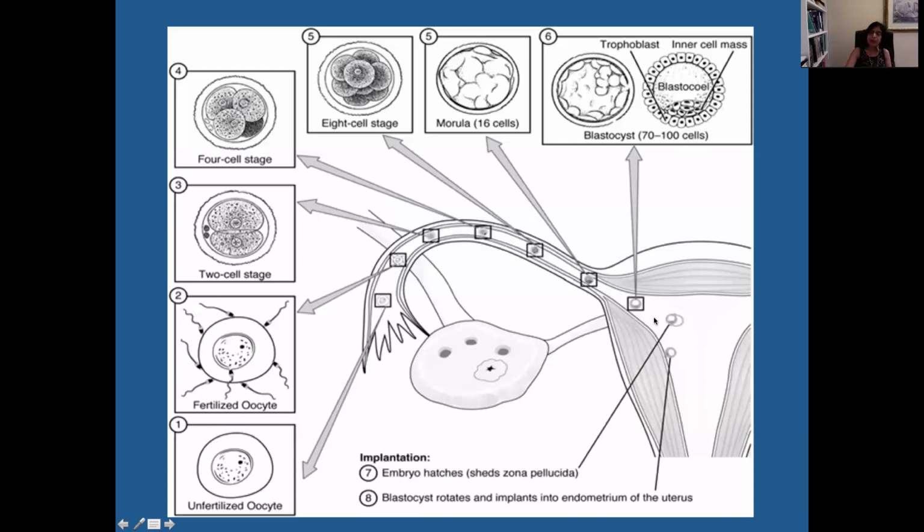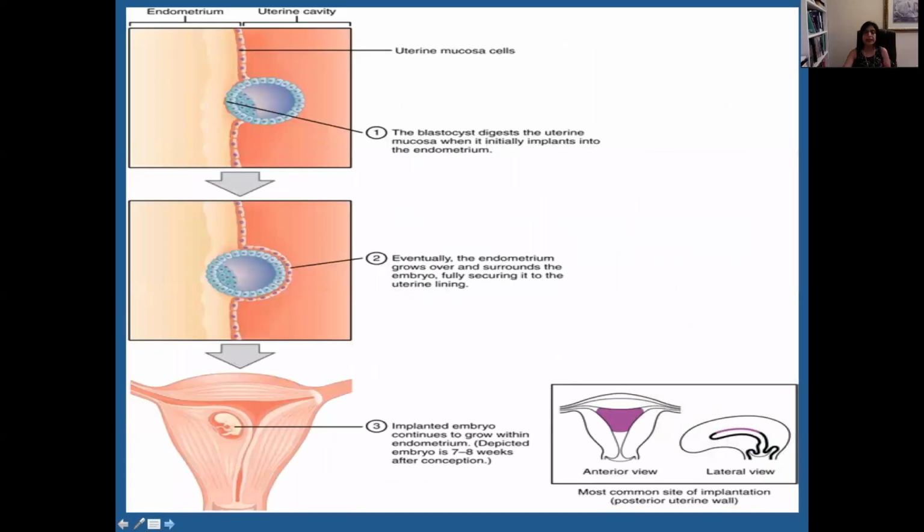The next thing you would like to expect is implantation. This is where the blastocyst would attach to the wall of the uterus. It's shown in other slides clearly. Here is the implantation process that has just started.